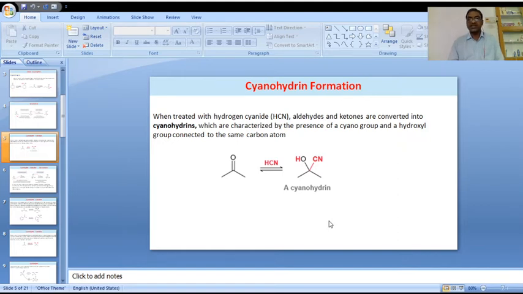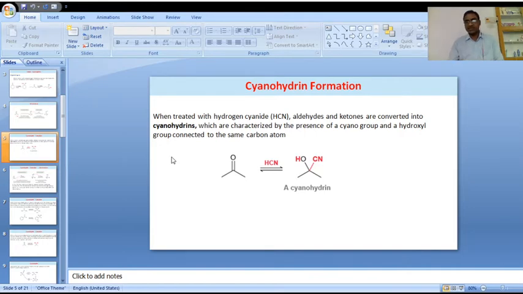In this reaction, please observe, when treated with hydrogen cyanide, that is HCN, aldehydes and ketones are converted into cyanohydrins, which are characterized by the presence of a cyano group and a hydroxyl functional group connected to the same carbon atom.